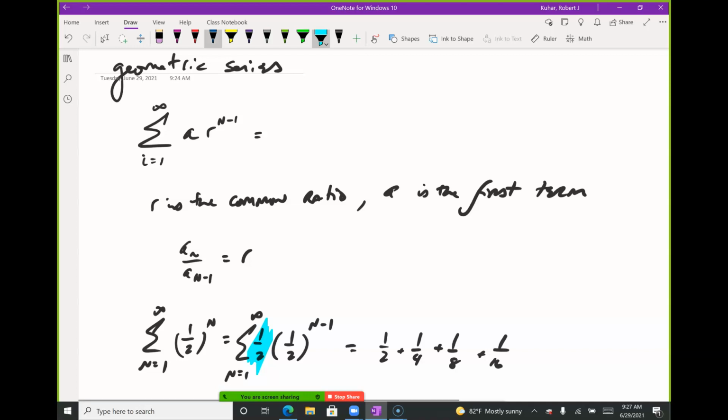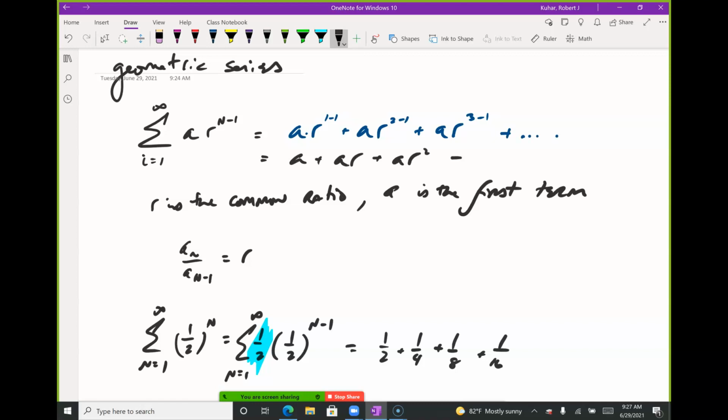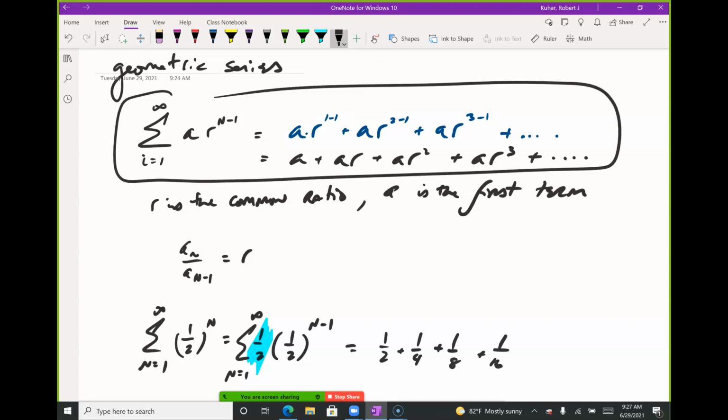So if I write this one out, I get a times r sub 0 plus a times r sub 1 plus a times r squared plus dot dot dot. Again, rewrite: I get a plus ar plus ar squared plus ar cubed, etc. So pretty easy to see what that geometric series looks like.